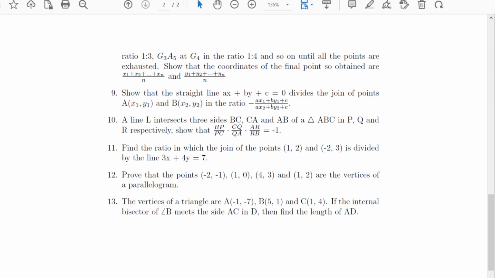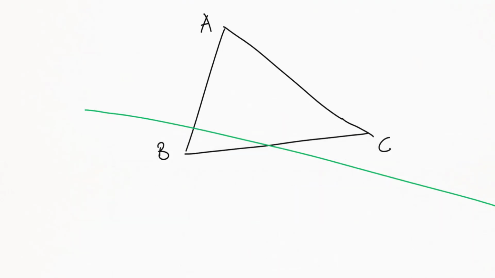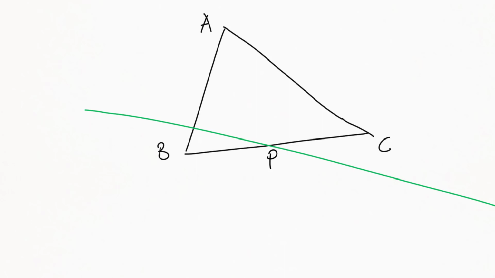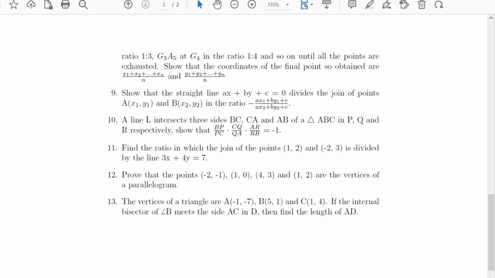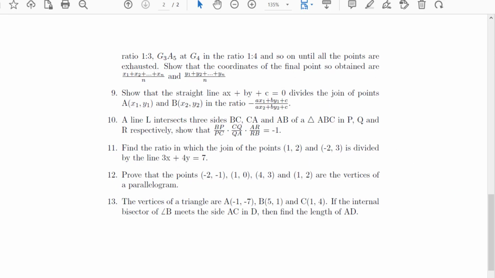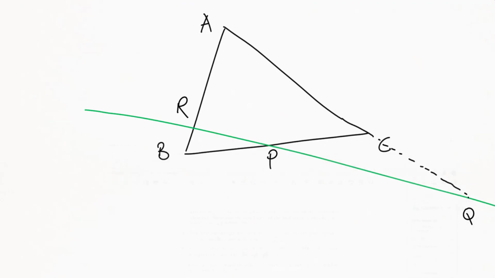It says BC, it divides at P. CA, let's extend this, it divides at Q. And AB, it divides at R. And we have to prove the product of the ratios BP over PC and so on.